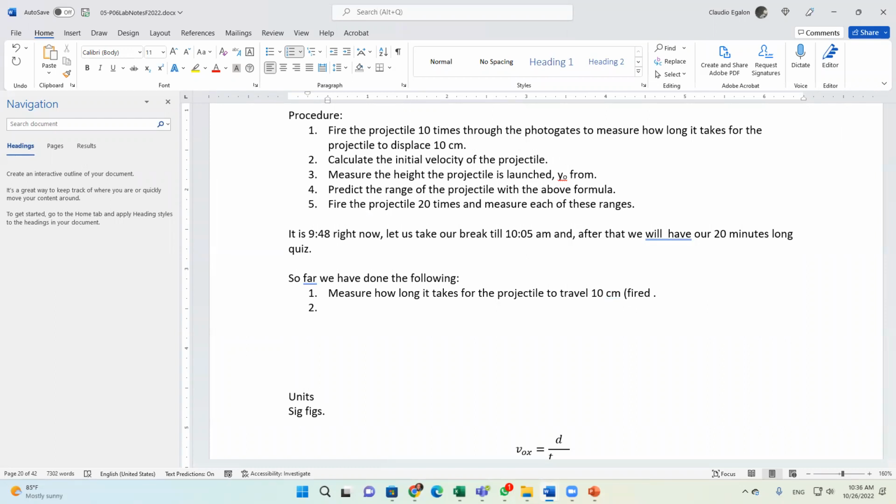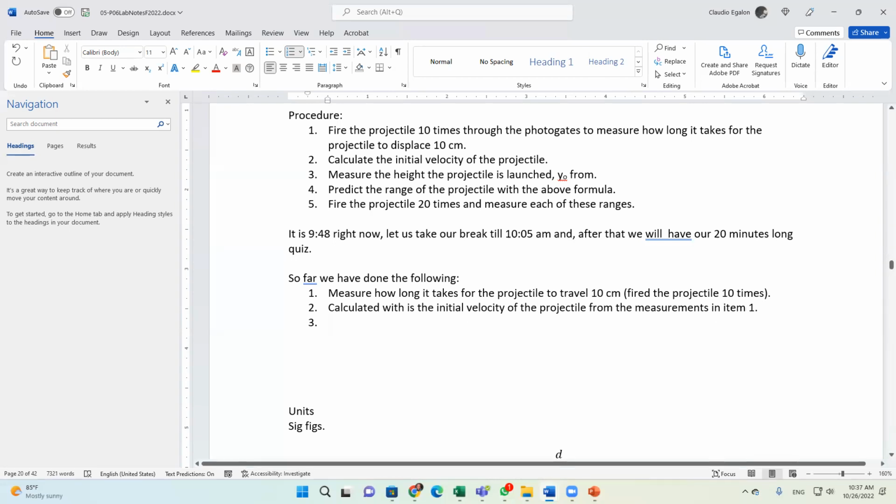Fired the projectile 10 times. Two, calculated what is the initial velocity of the projectile from the measurements in item 1. Okay.